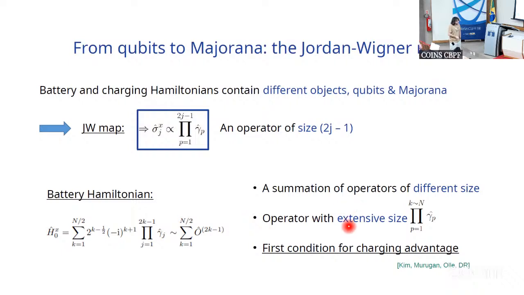There are operators with extensive sizes, so there are operators that require an extensive number of Majoranas to be fully reconstructed. This is crucial, and actually we already understood it a few years ago, as a partial reply to the referee, that this was the first condition for the charging advantage. It was not enough, but it was the first condition. So without this property, without these extensive operators, no possibility for quantum advantage.